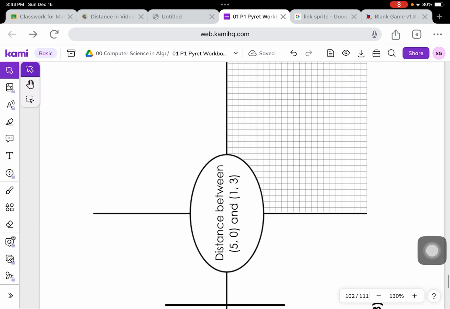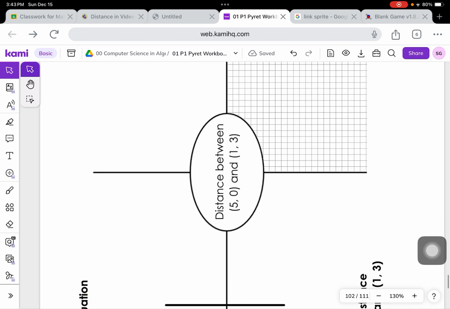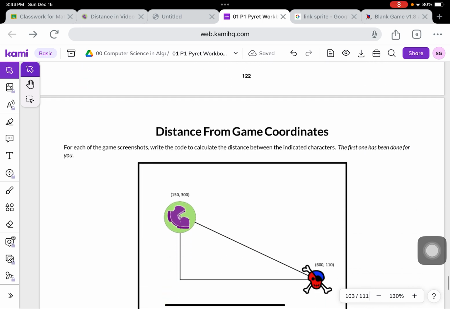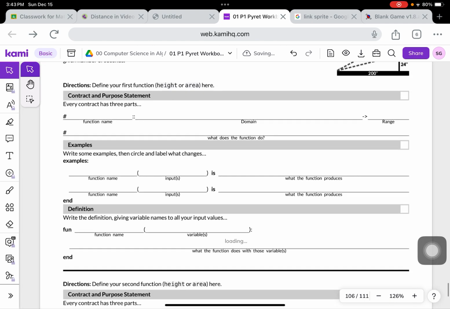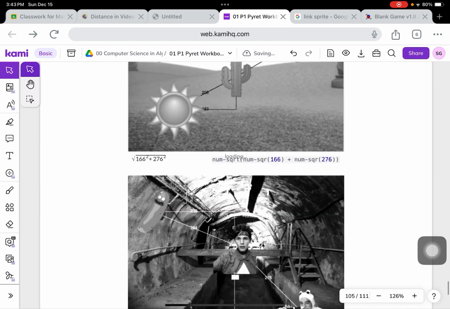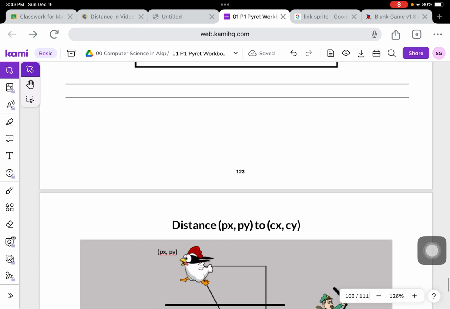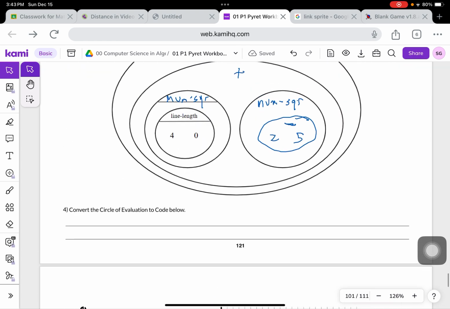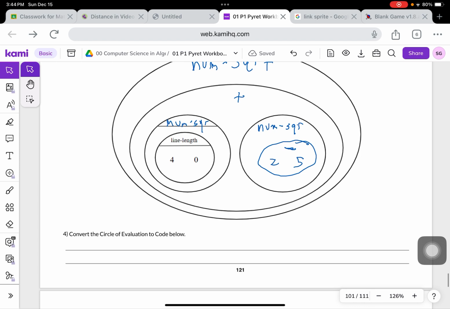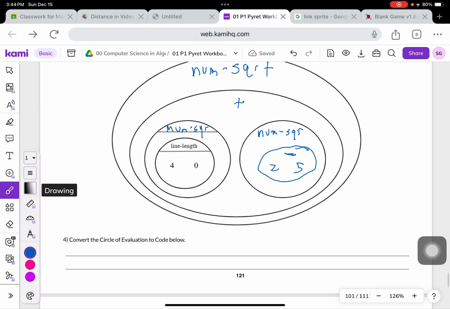Okay, so do this page on your own. Where did it go? Oh, we're supposed to put this in the code.